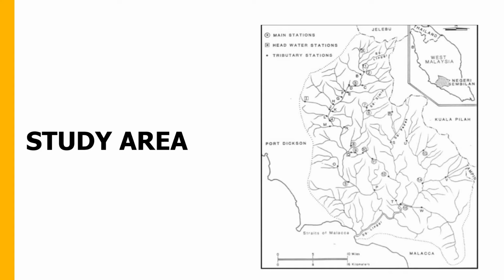The Linggi River consists of four sub-basins which are Linggi, Pedas, Rembau, and Siput, with a total of 32 major tributaries, as shown in the figure.